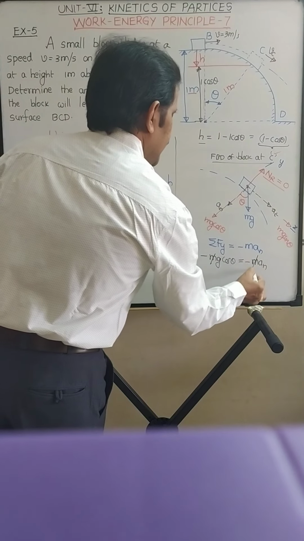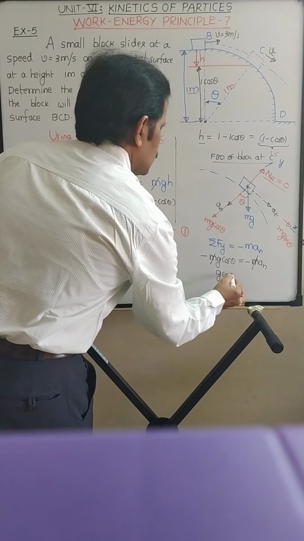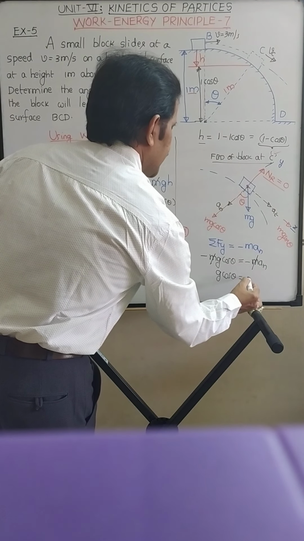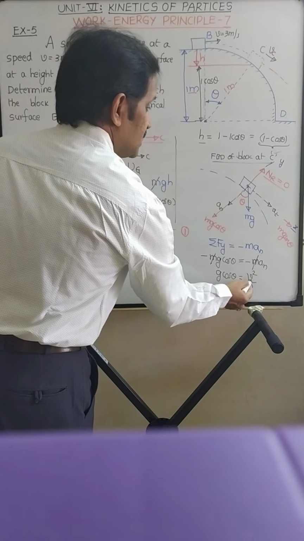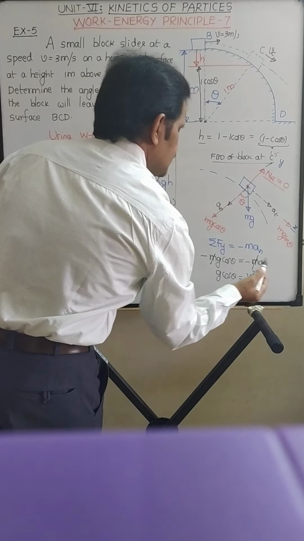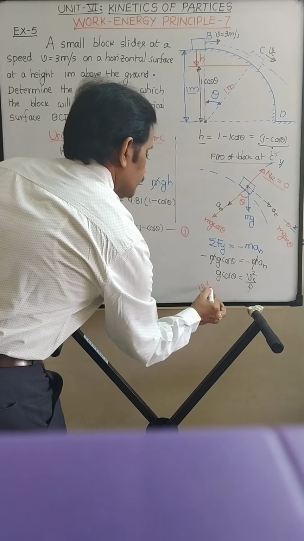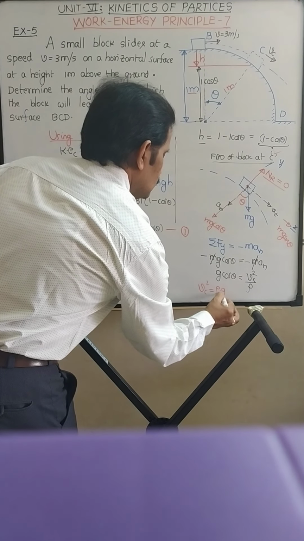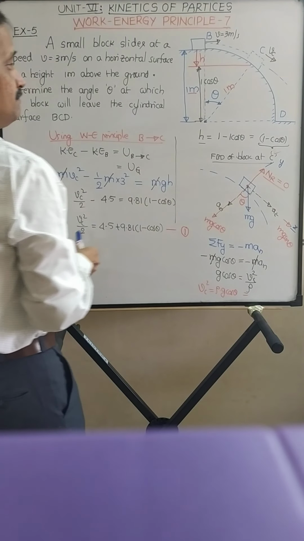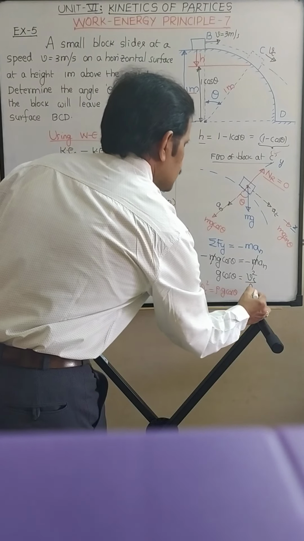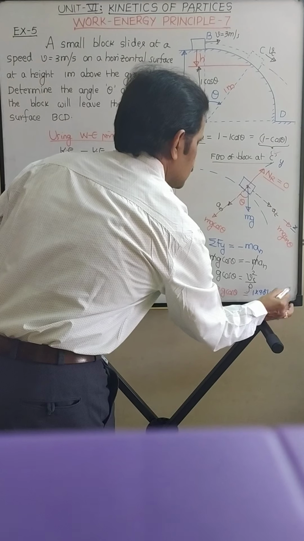So you can cancel m over here. So it is g cos theta is equal to an. An is v square by rho. This is the velocity at C, so Vc square by rho. So Vc square is equal to rho into g into cos theta. What is rho? Radius of curvature. It is 1 meter. So it is 1 into 9.81 into cos theta.